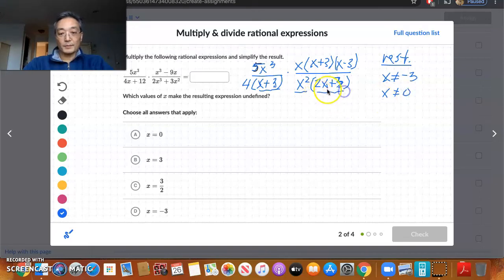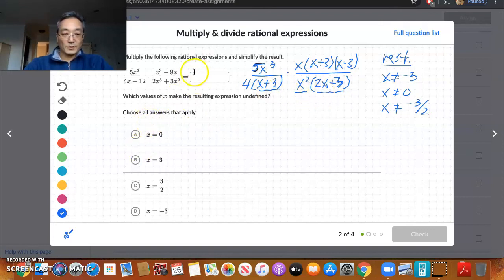And x cannot be negative 3 halves. So those are our 3 restrictions, here, here, and here. And again, whenever you're not sure, just set each one equal to 0 and solve for x.